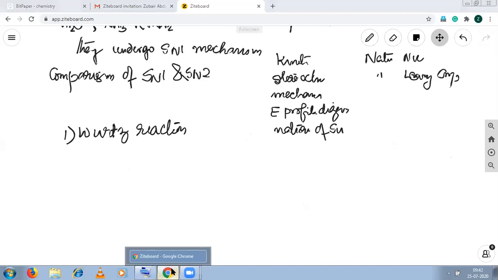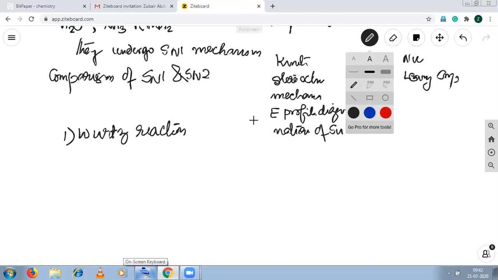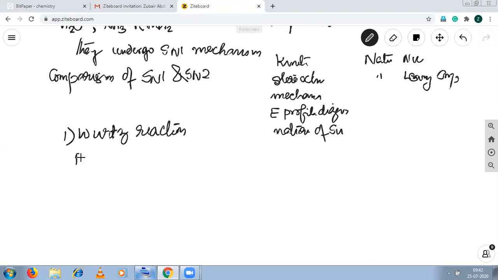Alkyl halides, RX, plus sodium, plus XR, will give you alkanes.